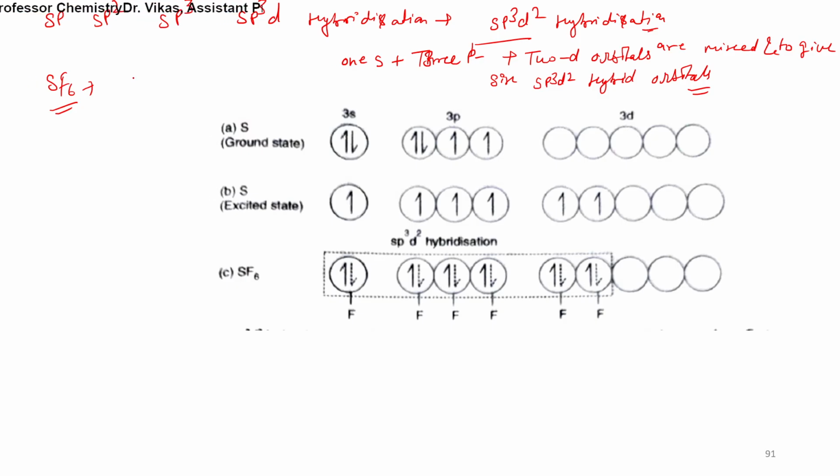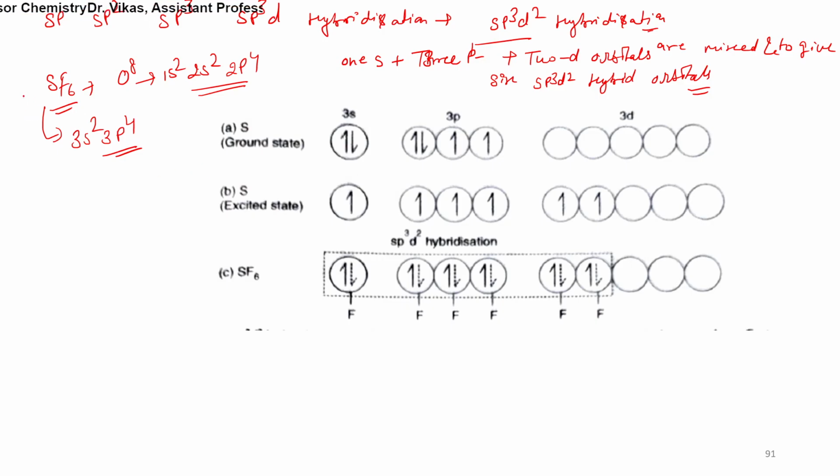Oxygen, sulfur. ऑक्सीजन का एटॉमिक नंबर 8 है, इलेक्ट्रॉनिक कन्फिगरेशन 1s2, 2s2 और 2p4. And for sulfur, the valence shell electronic configuration is 3s2, 3p4.